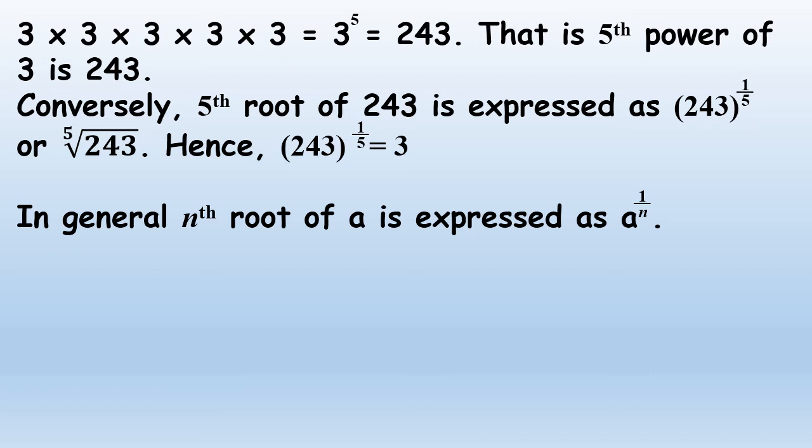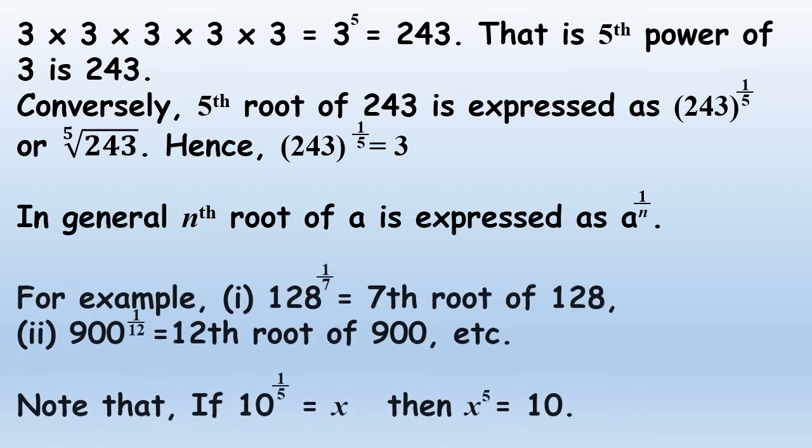Conversely, fifth root of 243 is expressed as 243 raised to 1 upon 5 or the fifth root of 243. Hence, 243 raised to 1 upon 5 is equal to 3. In general, nth root of a is expressed as a raised to 1 upon n.